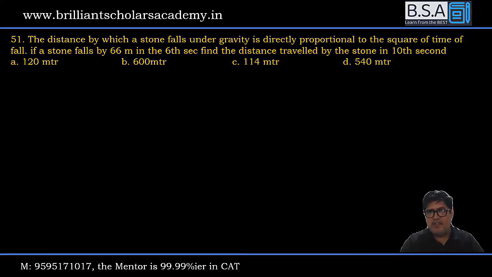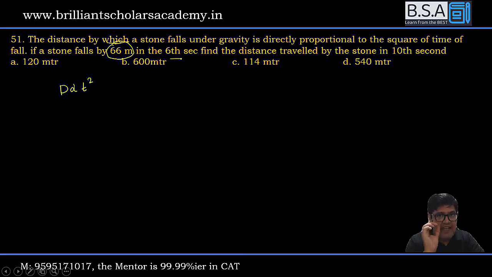How does the question start? The distance by which the stone falls is proportional to the square of the time of the fall. A stone falls by a distance of 66 meters in the 6th second. The language is tricky.